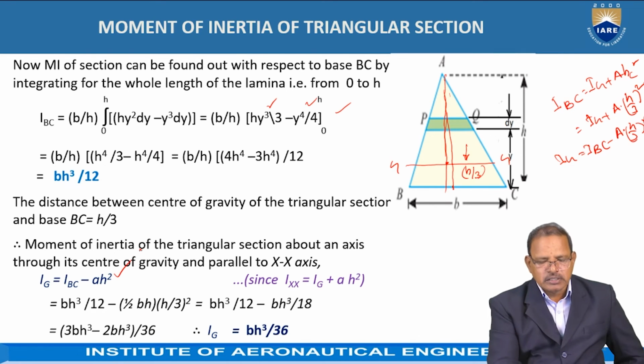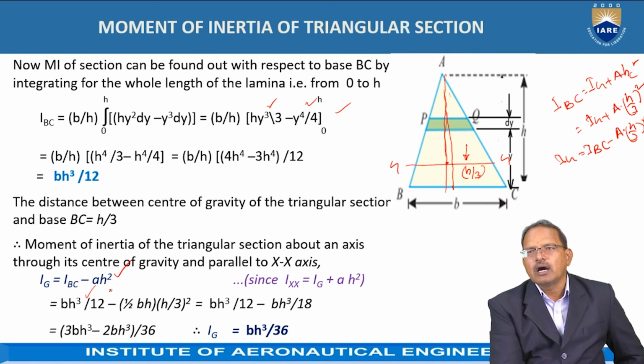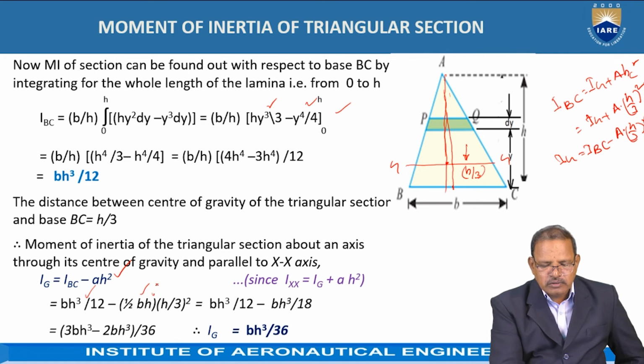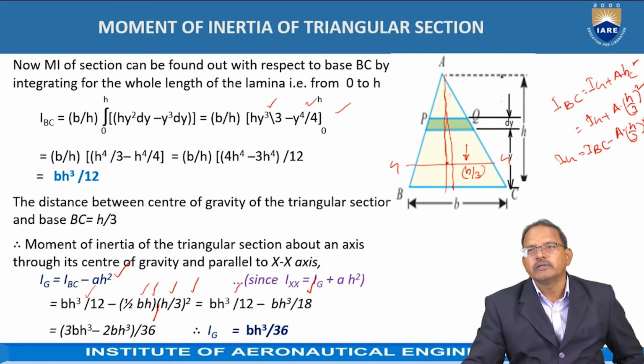By substituting IBC is equal to b h cube by 12, the area of the triangle equal to half of the product of base into height, and hc, the position of the centroid from its base, equal to h by 3 whole square, we get b h cube by 12 minus b h cube by 18. On simplification, with 36 as the LCM, we get b h cube by 36. This represents the moment of inertia possessed by the triangular section about its centroidal axis.